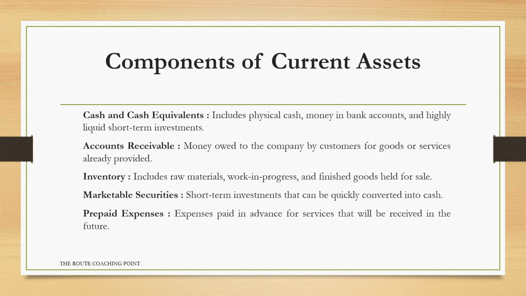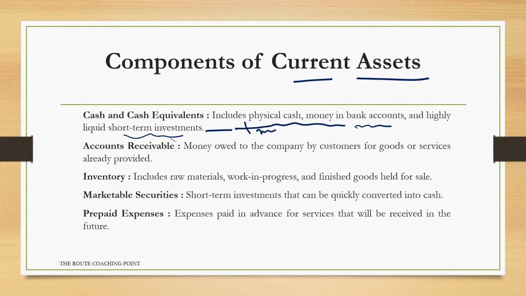Now the components of current assets. Current assets are those which give a return within an accounting period, within a year, meaning within a financial year. That means whatever cash we have in bank, cash in hand, and highly liquid short-term investments like marketable securities, suppose mutual funds, government bonds, which are almost equal to cash.